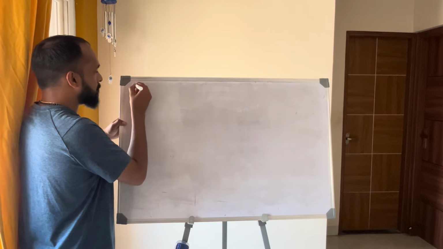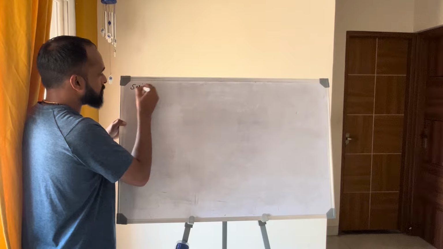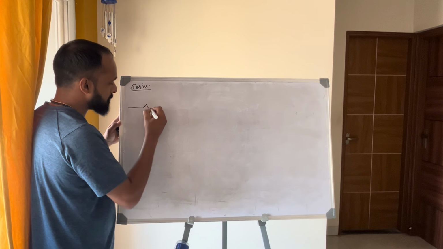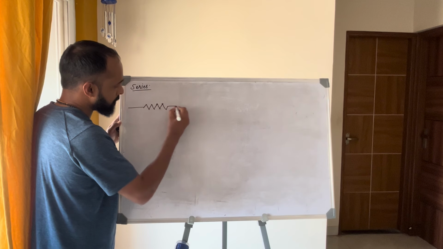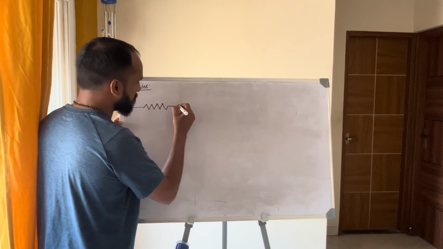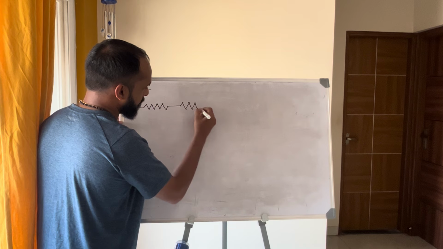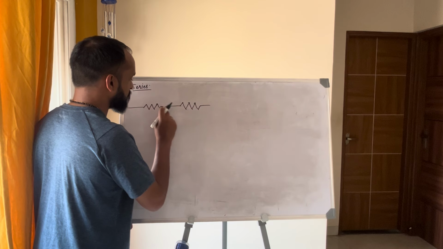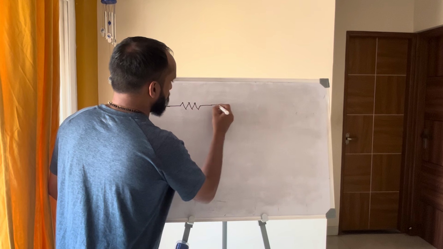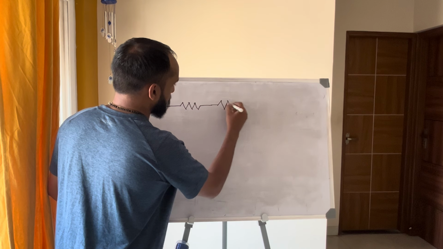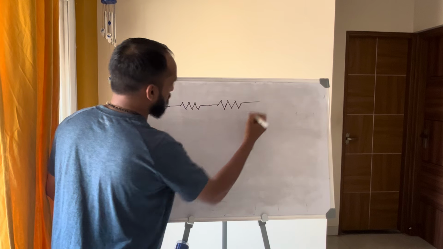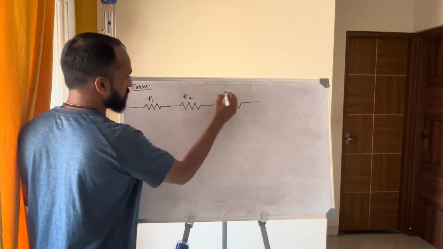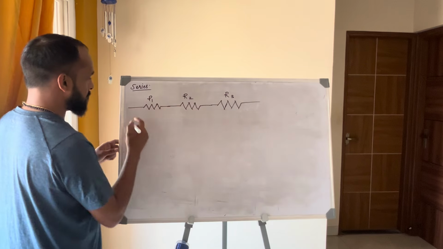Clear? So first, to understand series connection, I will build a basic circuit which has three resistors. The first resistor is given here, R1, R2, R3. Okay, so this is resistor 1, resistor 2 and resistor 3. They are connected in series.